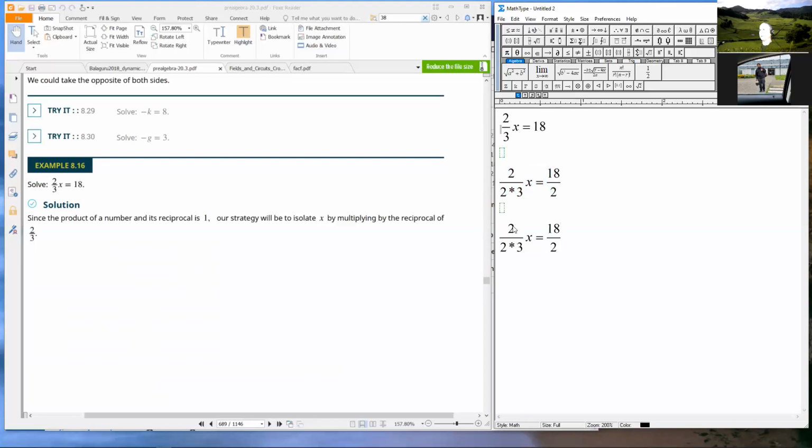And now we could say, well, let's multiply through by 3 on both sides of the equation, right? And so now we have 2 times 3 here, and we have 2 times 3 here, so that goes away. And we're just left with x, which would be equal to 9 times 3, which is 27. Because 18 divided by 2 is 9, 9 times 3 is 27. So x is 27. Okay.